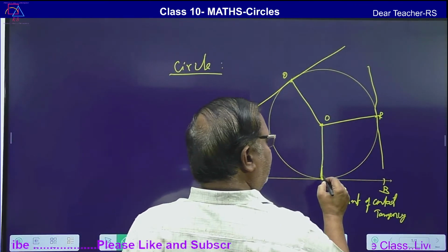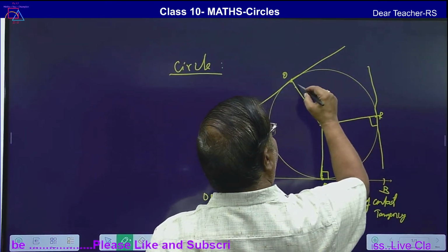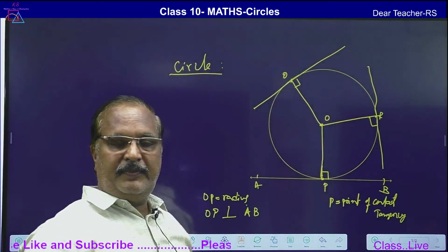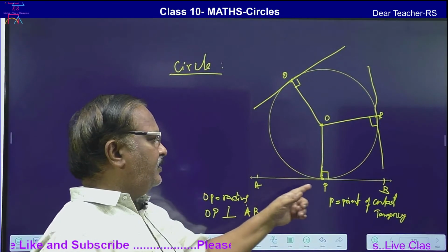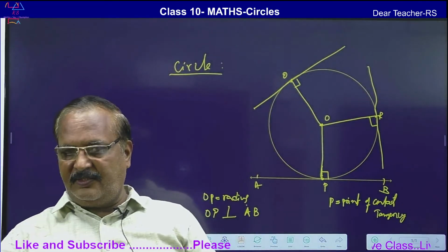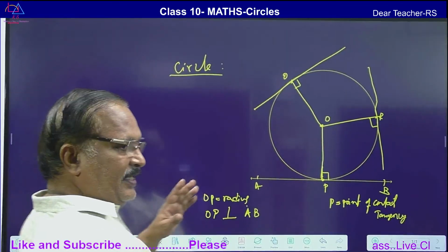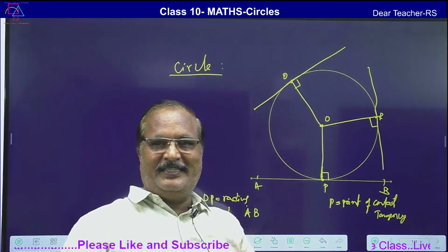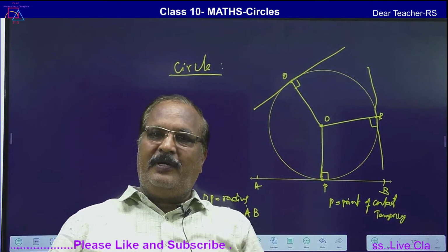So all these radii are perpendicular to the tangent. That means radius at point of contact is always perpendicular to the tangent. This is one concept, first and foremost concept. Okay. So this is theorem number 1 also, theorem number 1. So that means radius is perpendicular to the tangent.